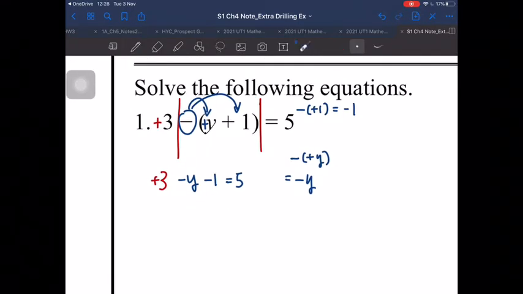We can also use the faster method to remove the bracket. So think about negative times positive y, and then negative times positive 1, so it will be negative 1.